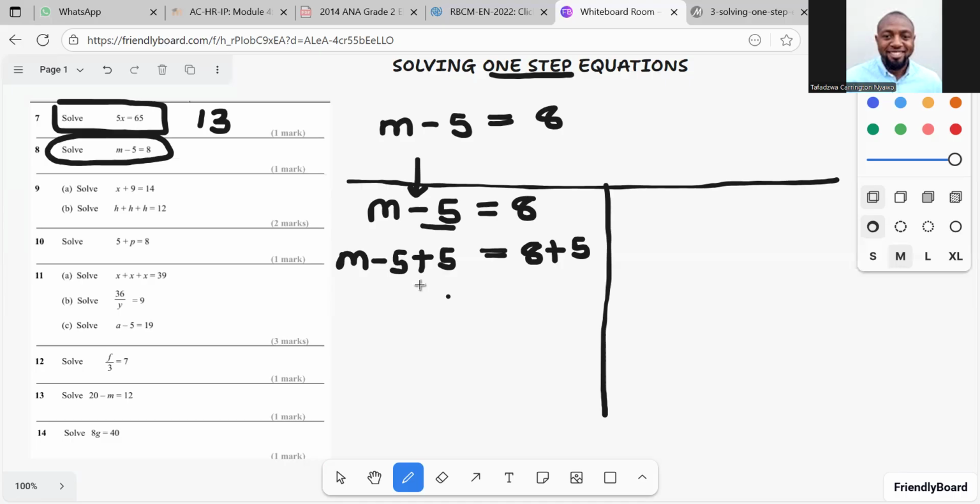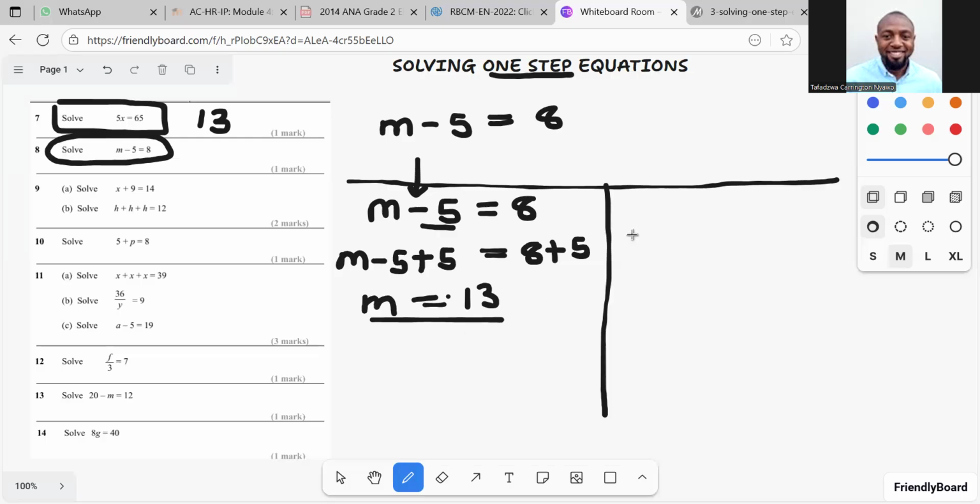So you can see now I've eliminated the minus 5, because minus 5 plus 5 gives me 0 on the left side. Then I remain with m is equal to, on my right, 8 plus 5, which is 13. Okay, so I have solved for m. m is equal to 13.